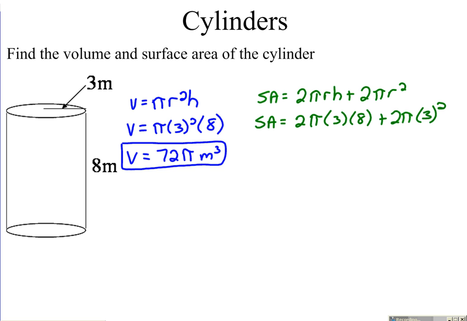Now it's just a matter of simplifying that correctly in your calculator. 2 times 3 times 8 gives us 48 pi. Plus 3 squared is 9. 9 times 2 is 18. Plus 18 pi. Surface area is 66 pi meters squared.